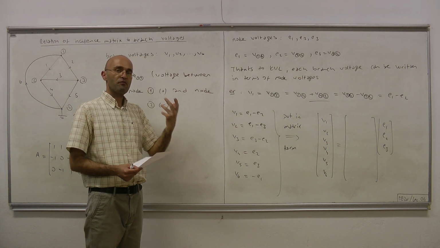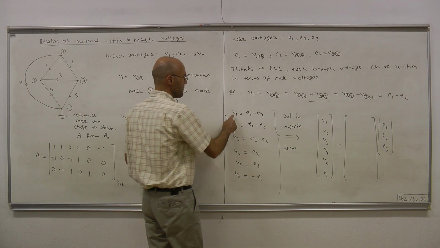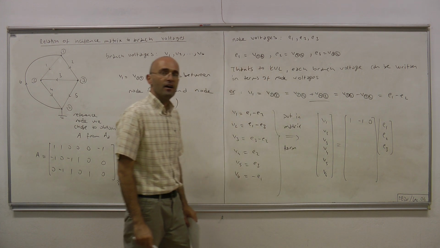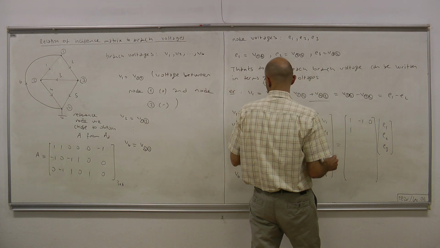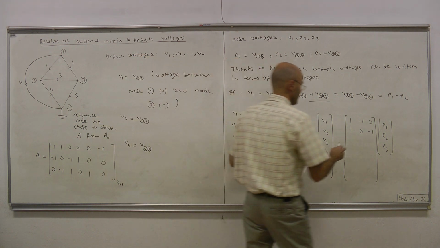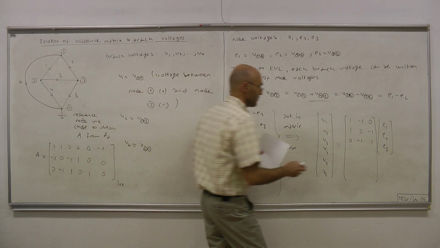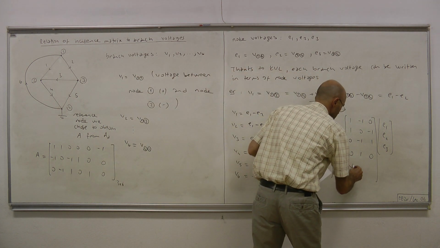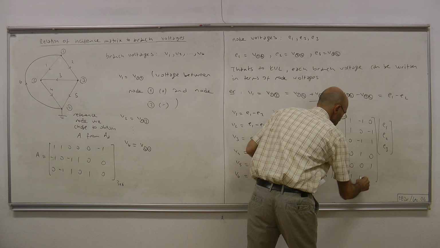To figure out its entries, all the relations are here. V1 is E1 minus E2, so that means 1, minus 1, and E3 doesn't appear in the equation, therefore the entry is 0. V2 is E1 minus E3: 1, 0, minus 1. V3 is E3 minus E2: 0, minus 1, 1. V4 is E2: 0, 1, 0. V5 is E3: 0, 0, 1. And V6 is minus E1: minus 1, 0, 0.